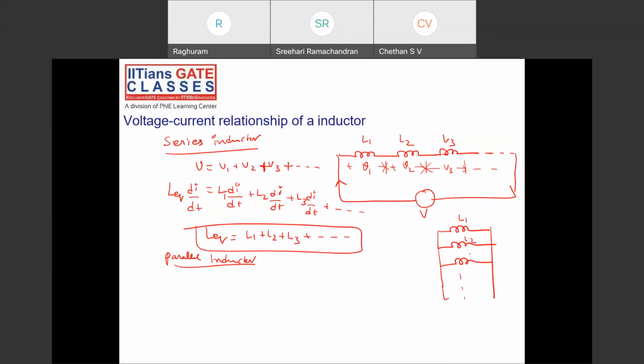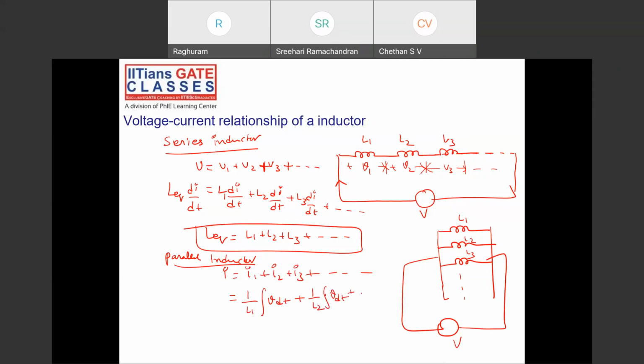L1, L2, L3, and this is the voltage. So again, what happens to the current? Current divides: I equal to I1 plus I2 plus I3 and so on. So this is 1 by L1 integral V dt plus 1 by L2 integral V dt plus 1 by L3 integral V dt and so on.